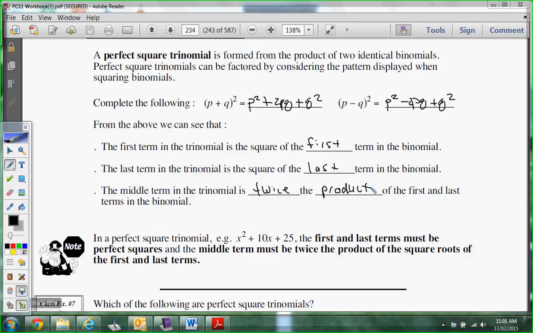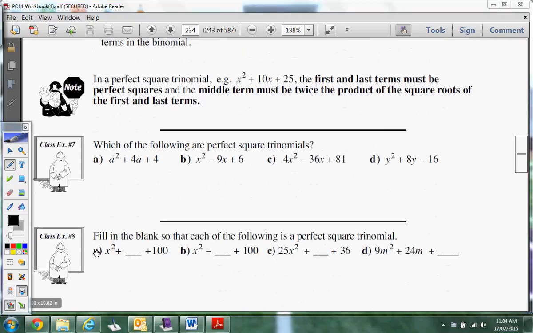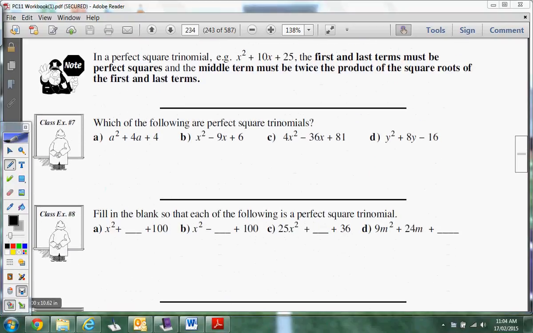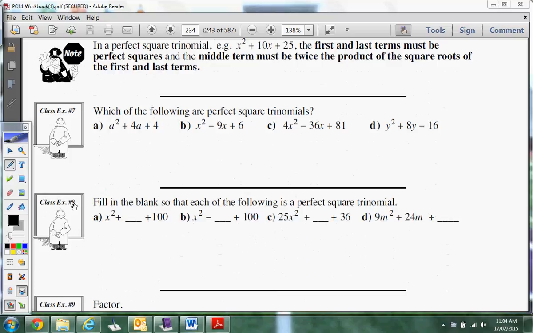And now we'll just talk about these here in a second. So in a perfect square trinomial, x squared plus 10x plus 25, the first and last terms must be perfect squares. So when it says which of these following are perfect square trinomials, you can figure it out easily by looking at these front and back numbers.